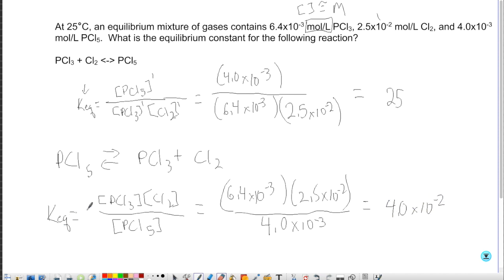Now notice that these are not the same. But if I look at this equilibrium expression, it's really just the inverse of this one. If I took this one and put the whole thing over 1, the PCl3 and the Cl2 would flip up to the top, and the PCl5 would be left on the bottom, which is exactly what this is.